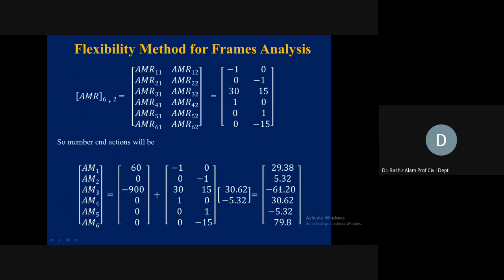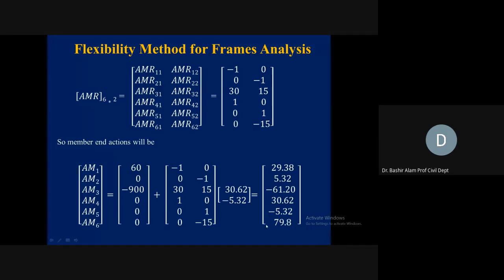Once you have found the member end forces for member AB, you don't need to do it again for BC. You don't have the time. Already you found the values. So from equilibrium, you can find out the member end forces for BC from AB.